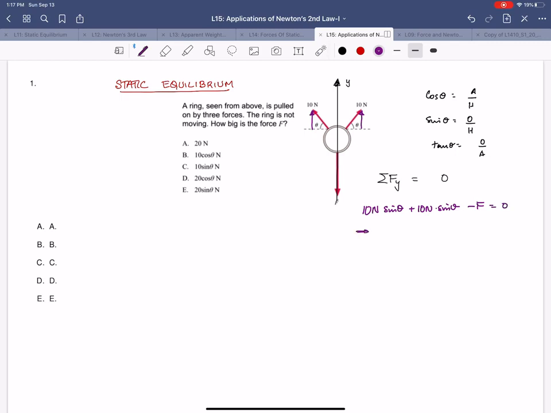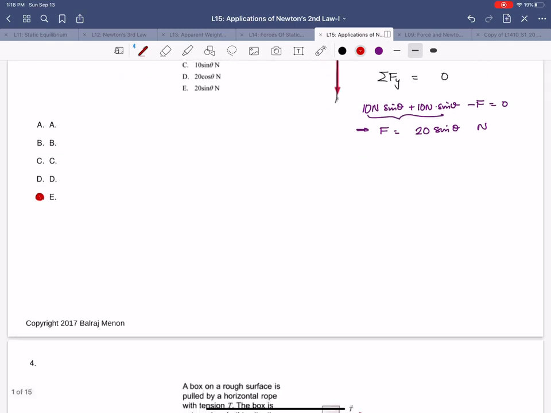We can combine these two, which implies F equals 20 sine theta, measured in newtons. And so the correct choice here would be E, 20 newtons times sine theta.